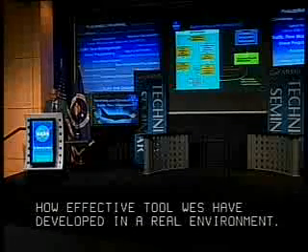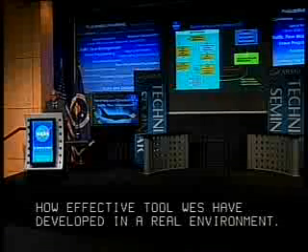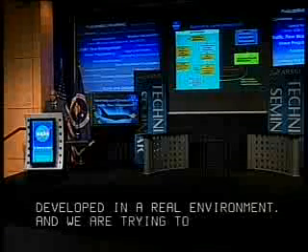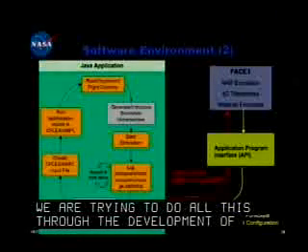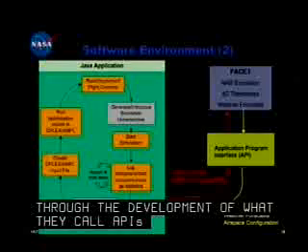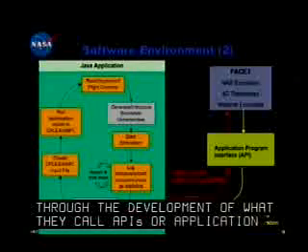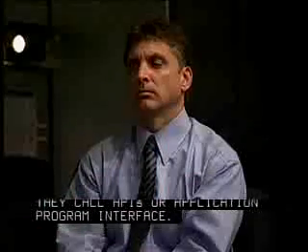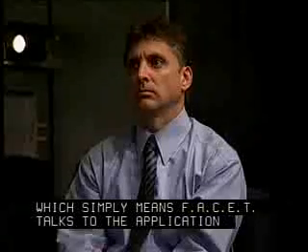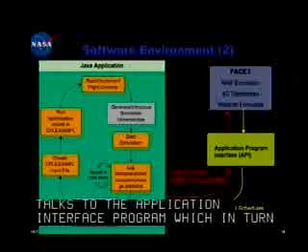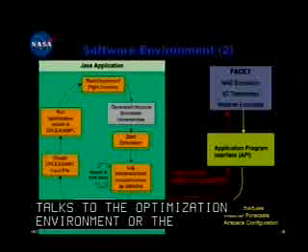And we are trying to do all this through the development of what they call APIs, or application program interfaces. Which simply means Facet talks to the application program interface, which in turn talks to the optimization environment or the CPLEX environment, or maybe to CTAS.